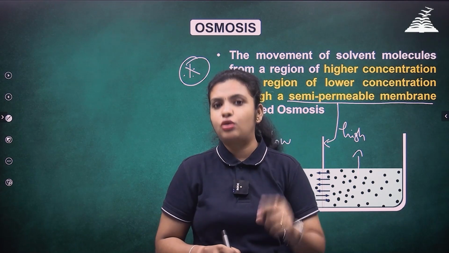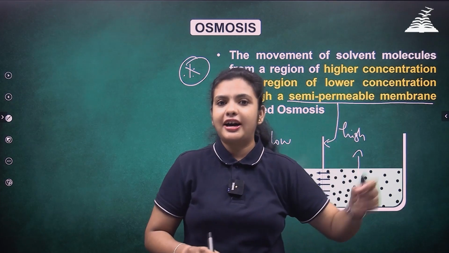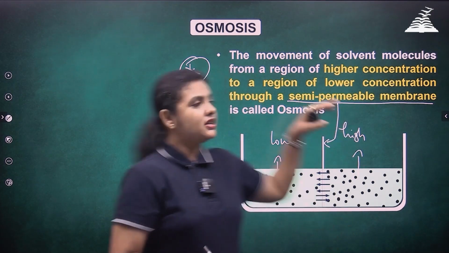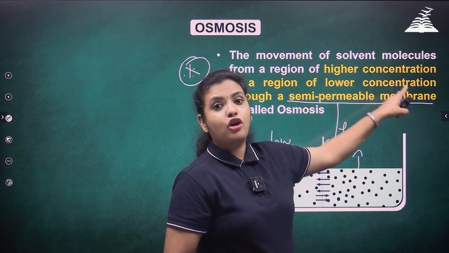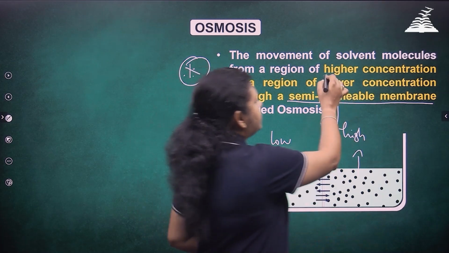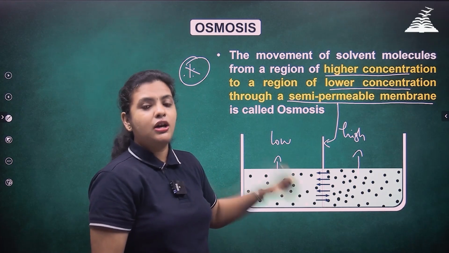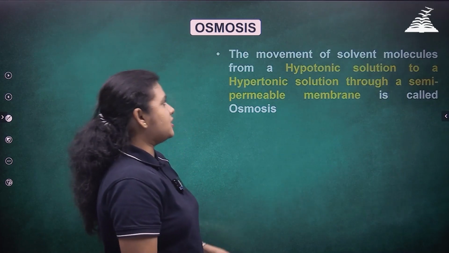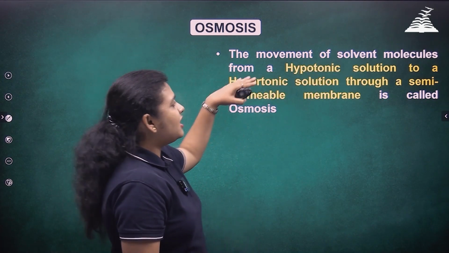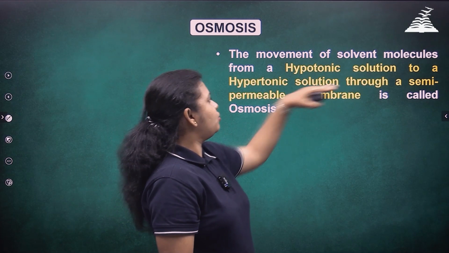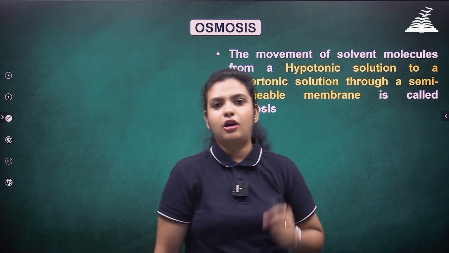And who is going to move? Water molecules move. That is your solvent molecules move from higher concentration to lower concentration. This is a very simple definition we have given for osmosis in terms of concentration, students. Higher concentration to lower concentration. The same definition we will put using different words. What is a different word here? The movement of solvent molecules from a hypotonic solution to a hypertonic solution through a semi-permeable membrane is called osmosis.